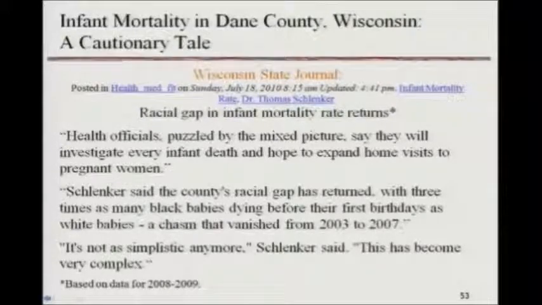I've been following this since it started happening in 2010; every year I see what's happening now in Dane County. You can see this from the press. Health officials, puzzled by the mixed picture, say they will investigate every infant death and hope to expand home visits to pregnant women. The county's racial gap has returned, with 3 times as many black babies dying before their first birthdays compared to white babies, a chasm that had vanished, they thought, till 2007.